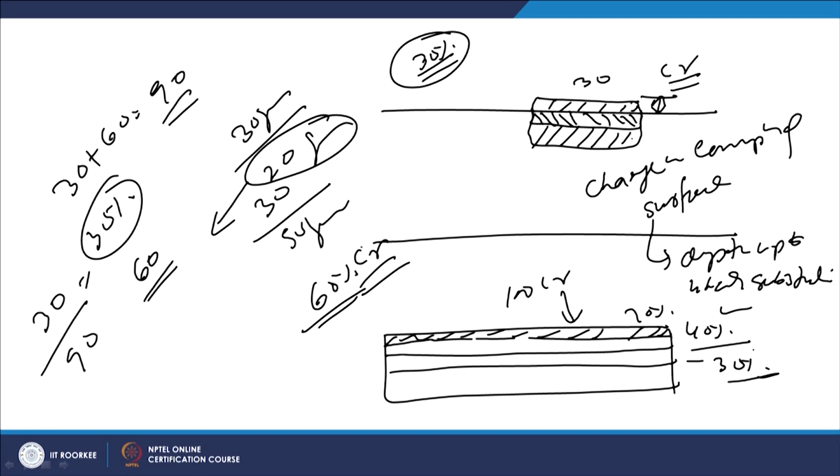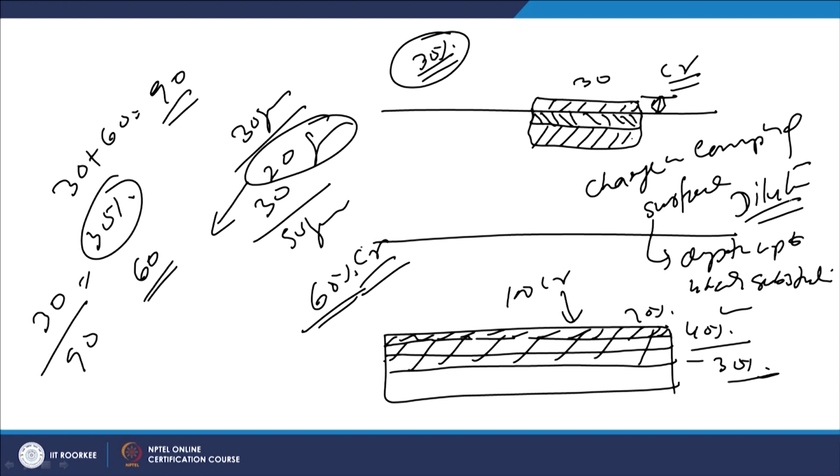So, this kind of change in composition, which is influenced by the extent up to which the base metal or substrate is melting, is called the dilution. So, the more the dilution, the lesser will be the concentration of the alloying elements. We always want that dilution is as little as possible.